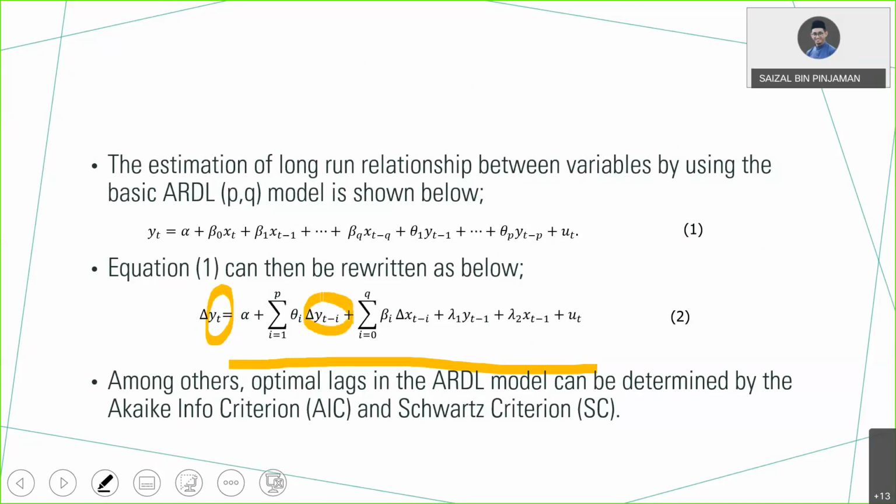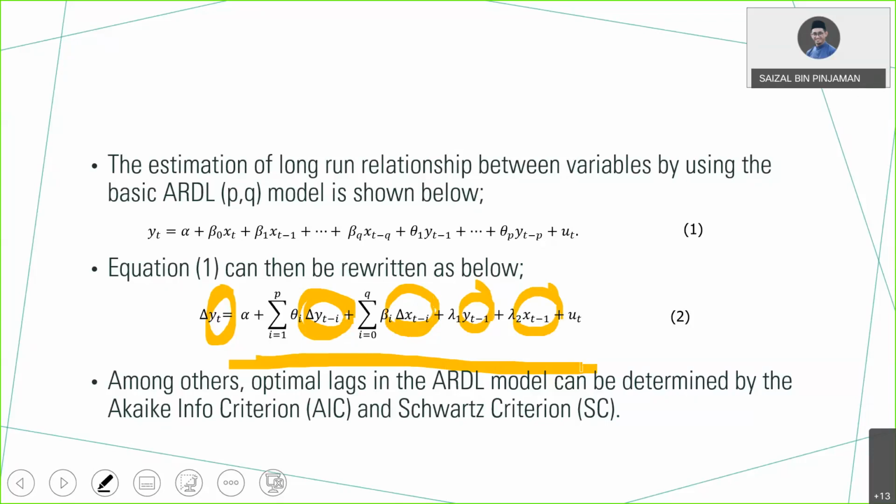So our dependent variable is a function of its difference form in lag values, the difference form of the independent variable in lag values, as well as the dependent variable in lag 1, as well as the independent variable in lag 1. So this is the ARDL equation.